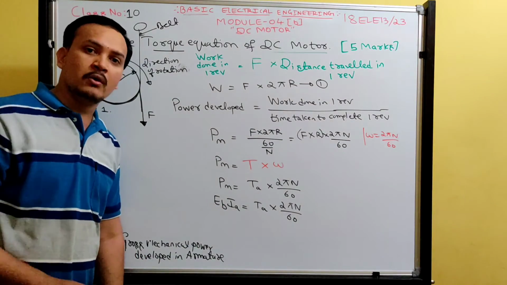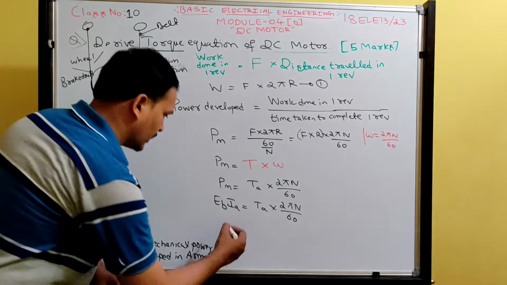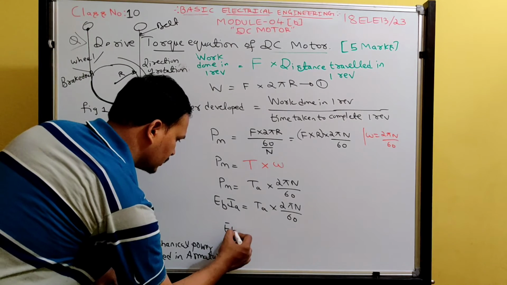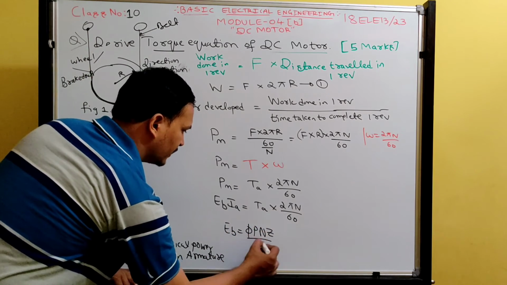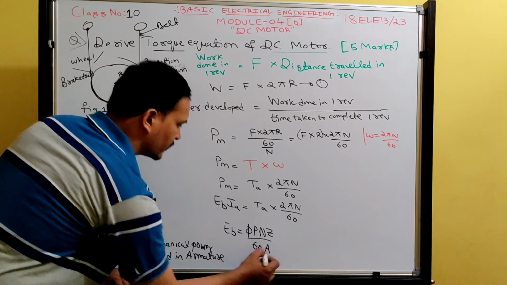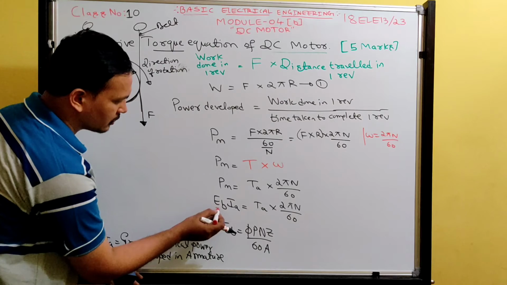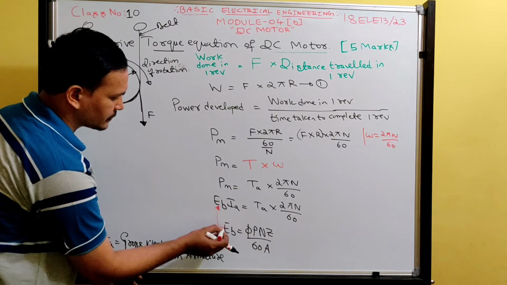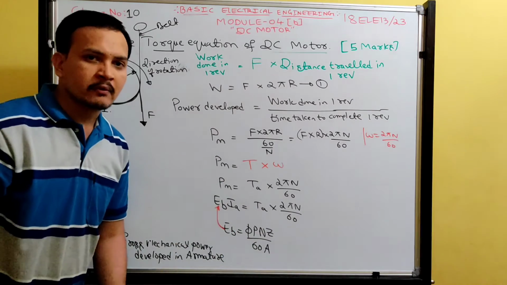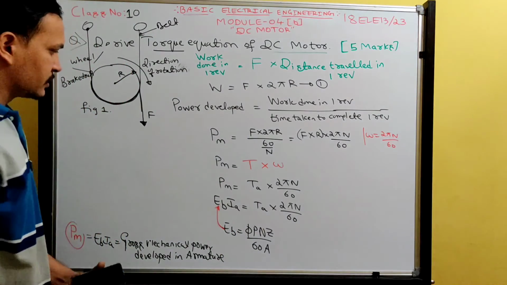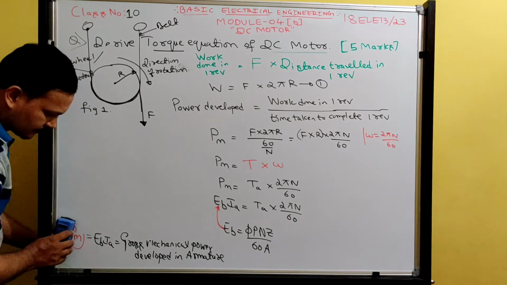EB is produced due to generating action in a motor, so EB is equal to phi P N Z by 60A. Now substitute the EB value here, then simplify, and you will get the final equation of torque. Let us see how the simplification goes. So guys, I am going to erase this one.